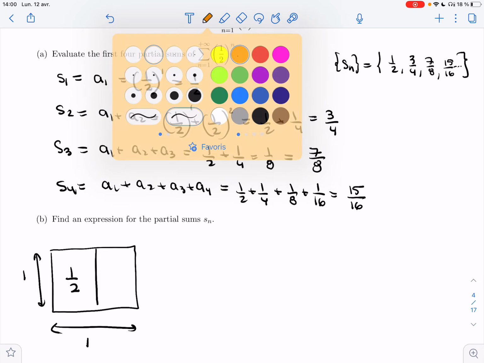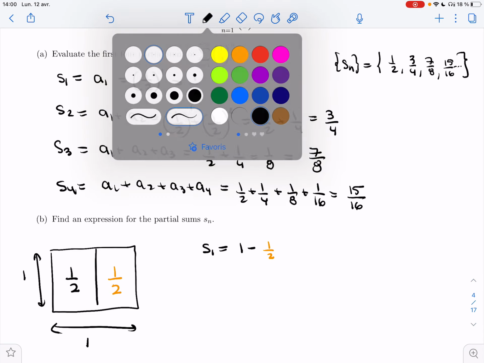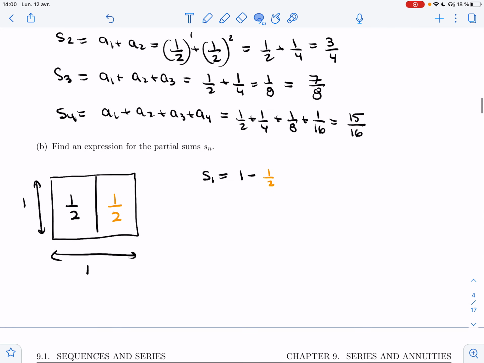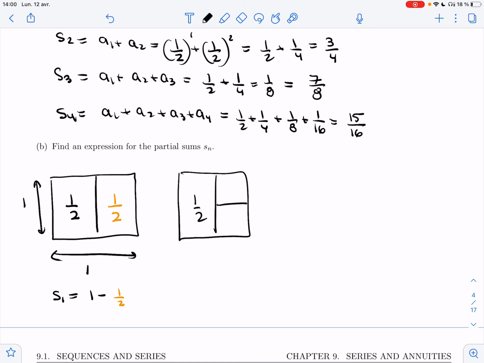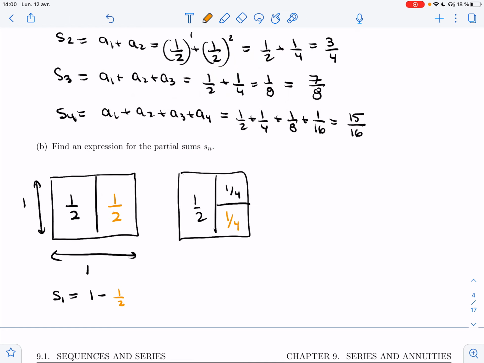So first term, 1/2, I'm missing 1/2 to get the full area. Now, if I do S2, actually let me put that underneath so I have room for S2. If I do S2, I'm going to take 1/2 plus 1/4. And so I'm missing 1/4. So S2 is 1 minus 1/4.